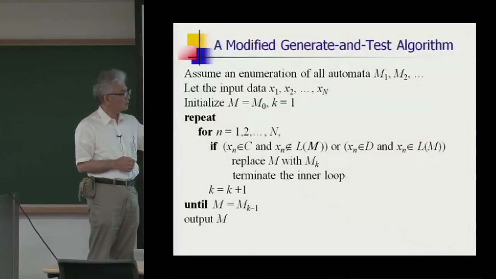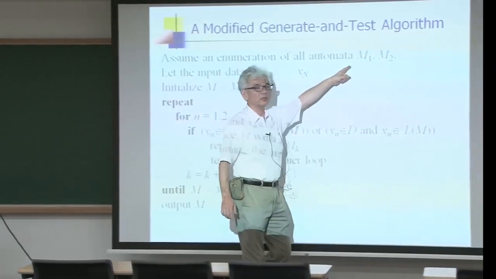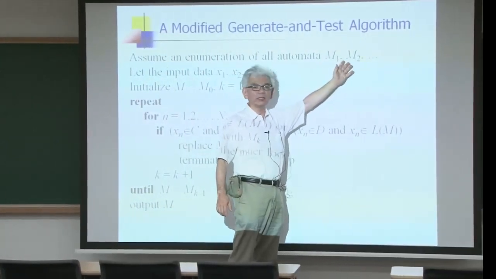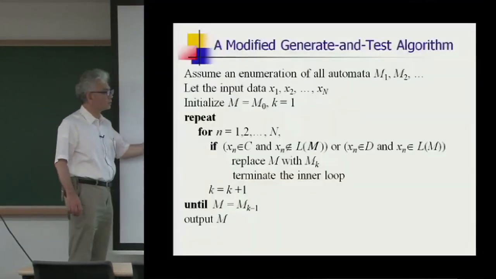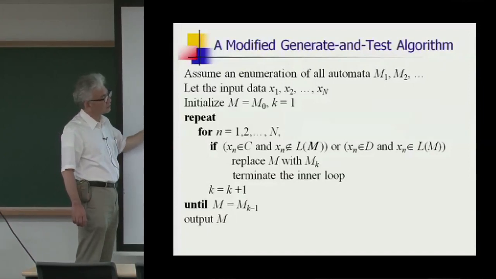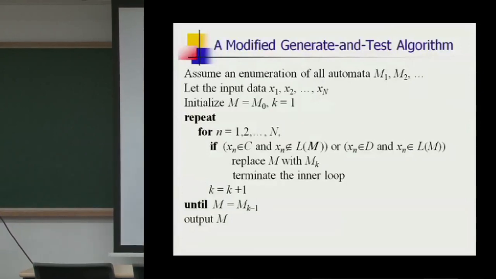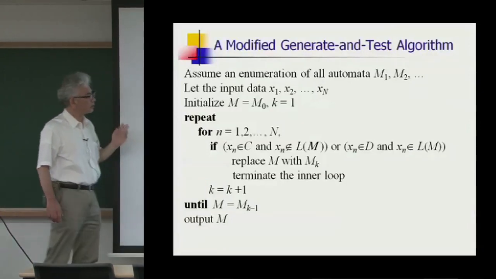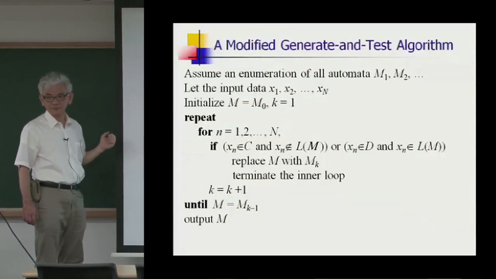And if the automaton is not consistent, then we throw away the automaton and choose the next one and try the check of consistency. And if it succeeds for all of the examples, then the algorithm outputs the final automaton as a conjecture.